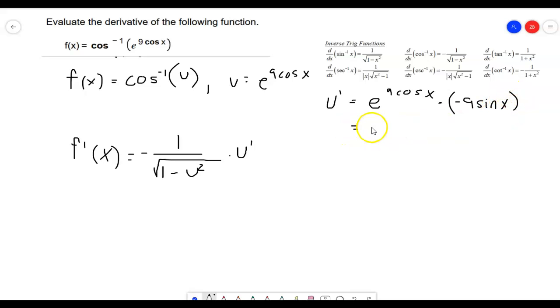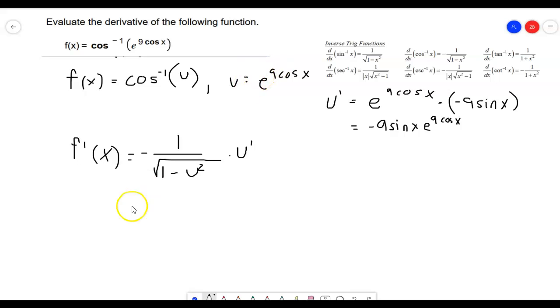So the derivative of u is negative 9 sine x times e to the 9 cosine of x.